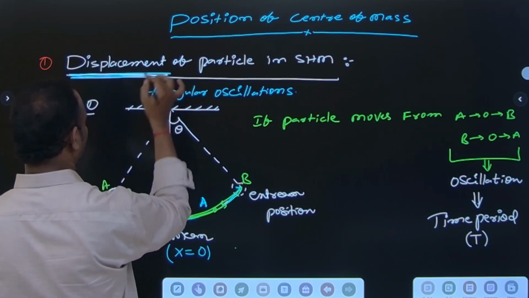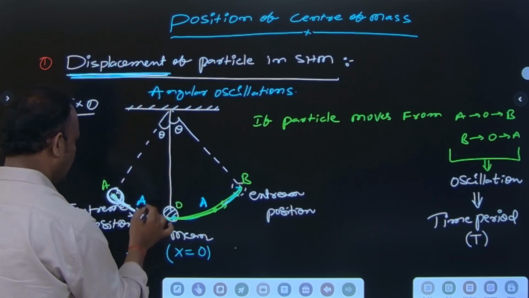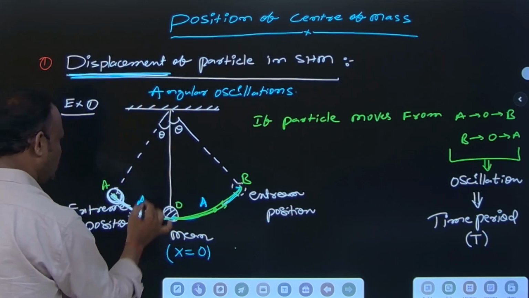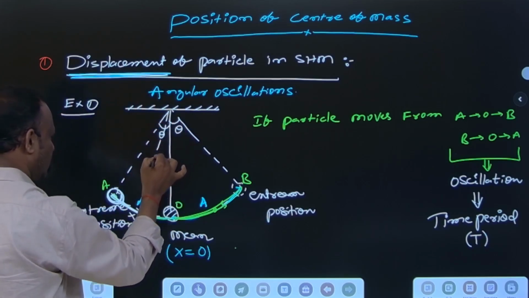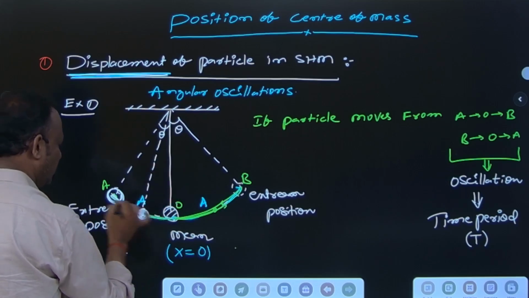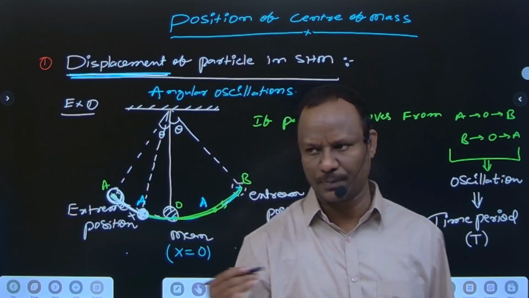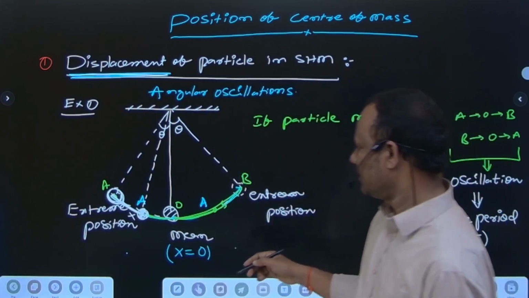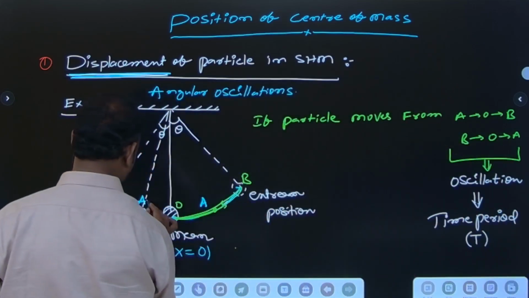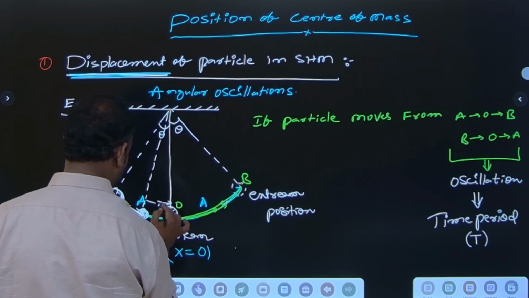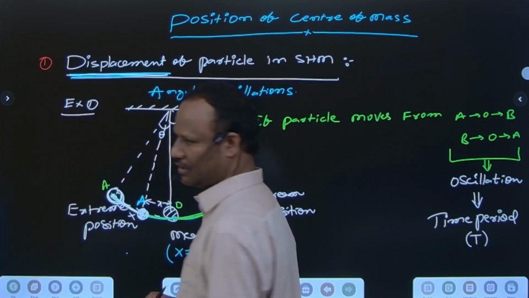If it comes to this position, this is called its position. Position means the distance of the particle from the mean position.